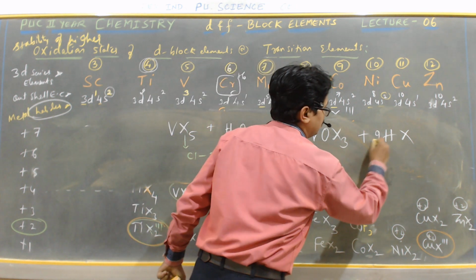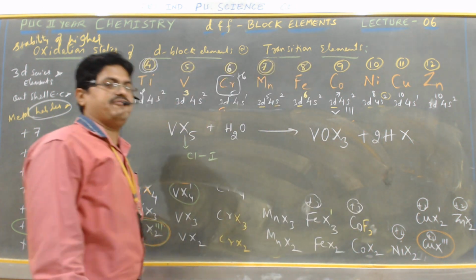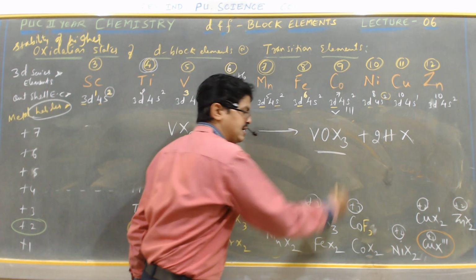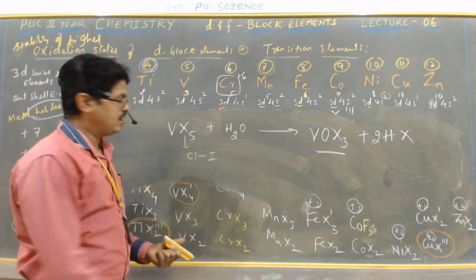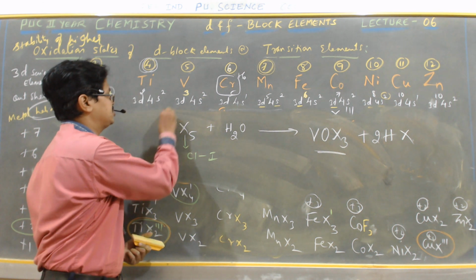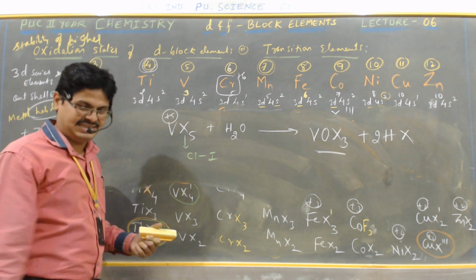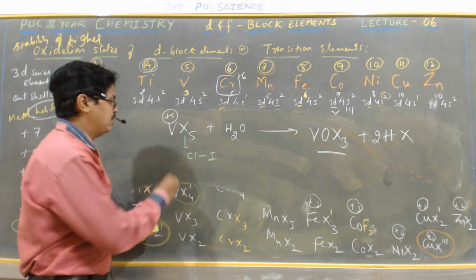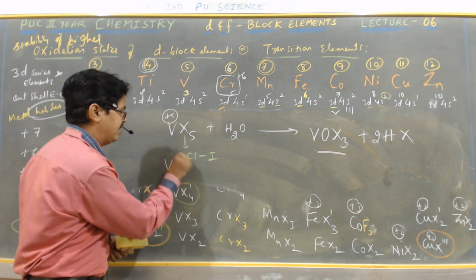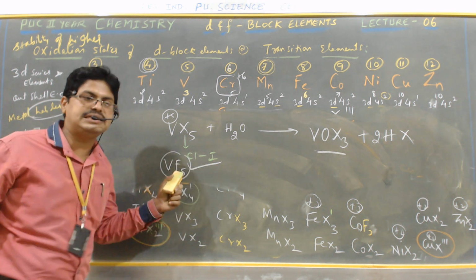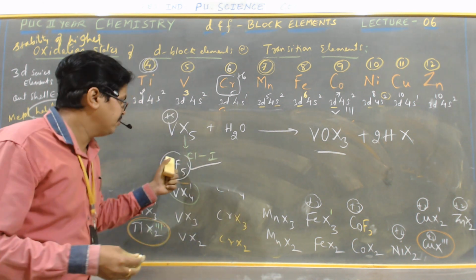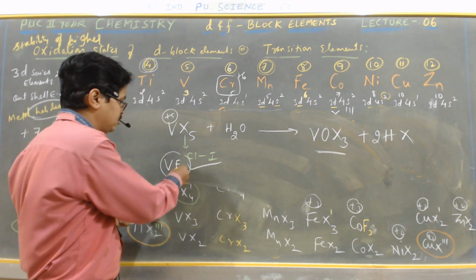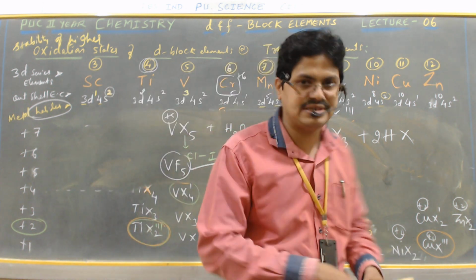Okay, with respect to the plus 5 oxidation state, vanadium pentahalides are unstable. Only vanadium pentafluoride is stable, because of the high lattice enthalpy of the plus 5 oxidation state with respect to fluorine. Okay, students.